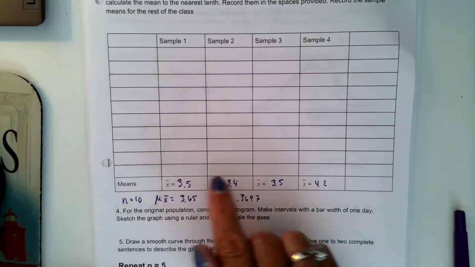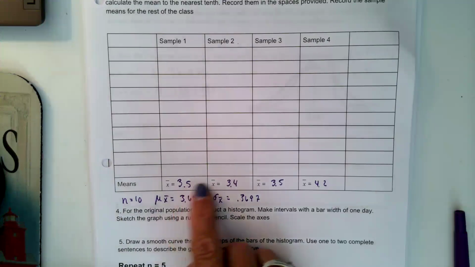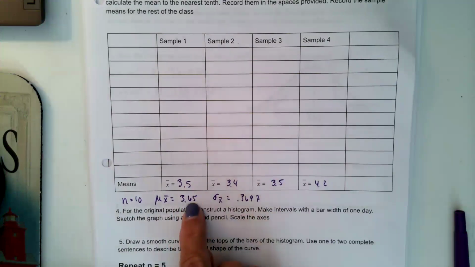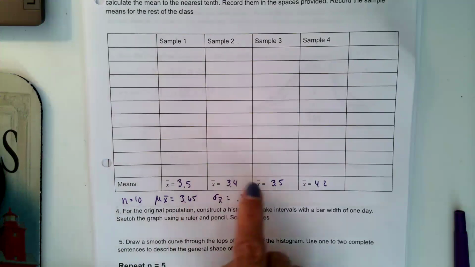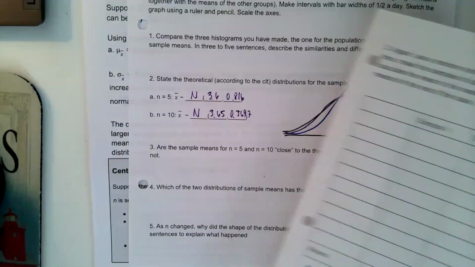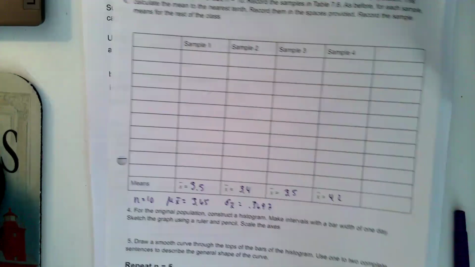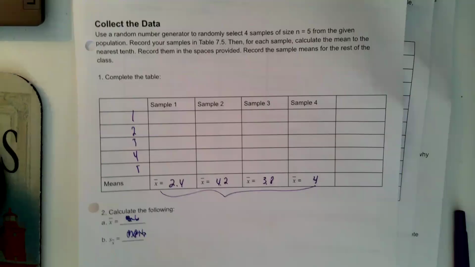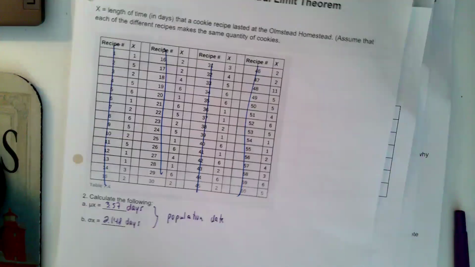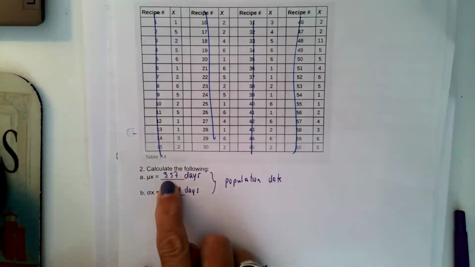Take these 4 means, then take the average of these 4 means, which is going to be 3.65, and the standard deviation of these 4 means is 0.3697. And what we notice is that the mean itself does not veer very far from the population mean.